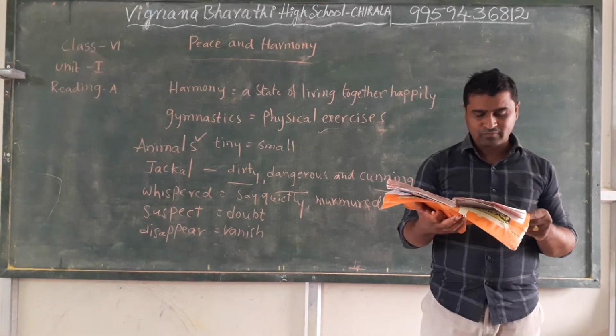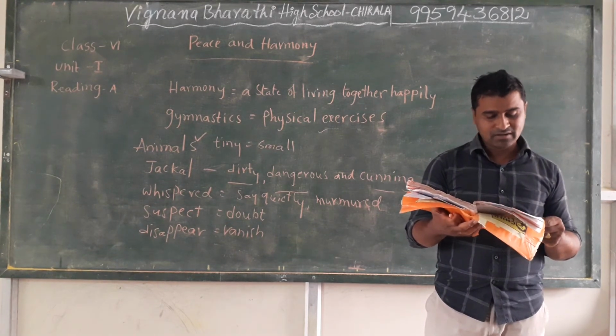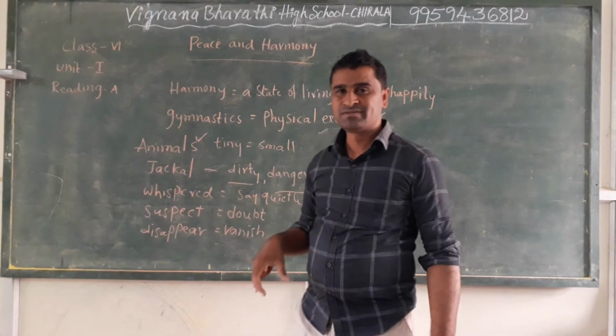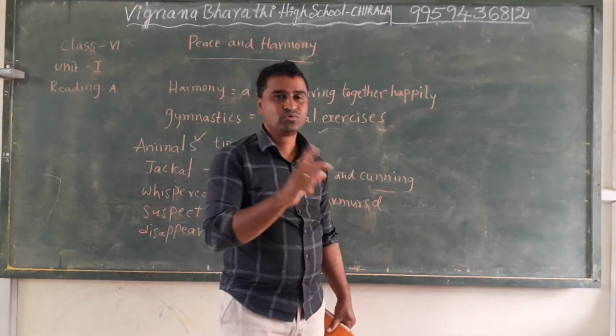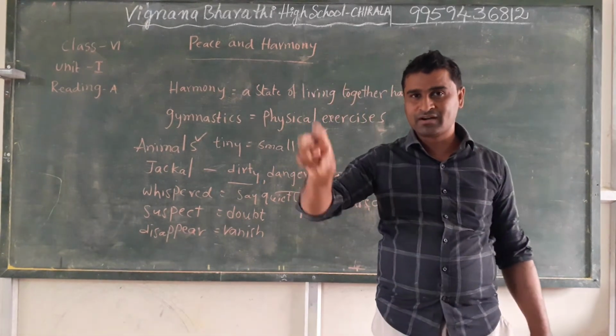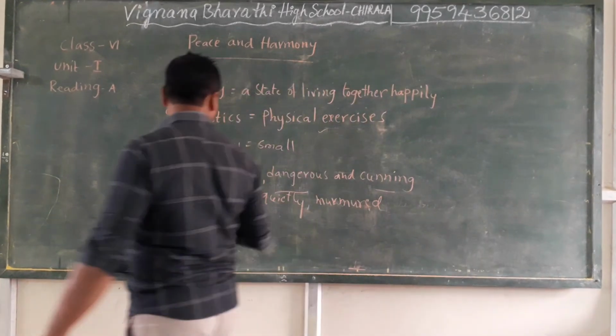The moon thought for a while and decided to come down among the animals and the birds as a sadhu. So by seeing all these problems among the animals, the moon thought for some time and came as a sadhu.